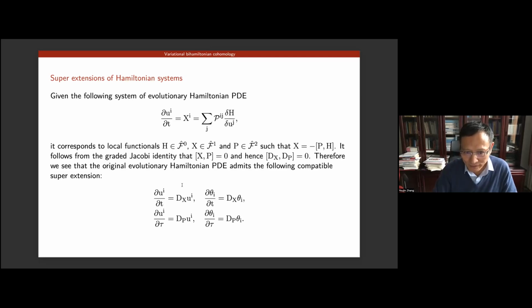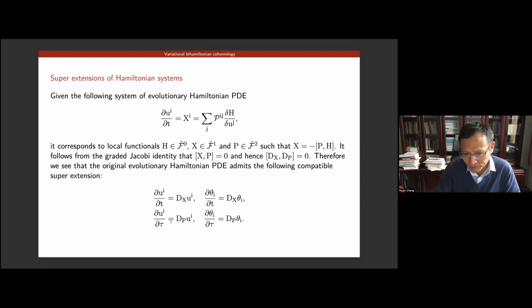So this is the original evolutionary PDE, and to this evolutionary PDE we add some odd flows, which give the evolution of the odd variable theta_i along the original time variable t. Then we also introduce another odd flow, d tau.